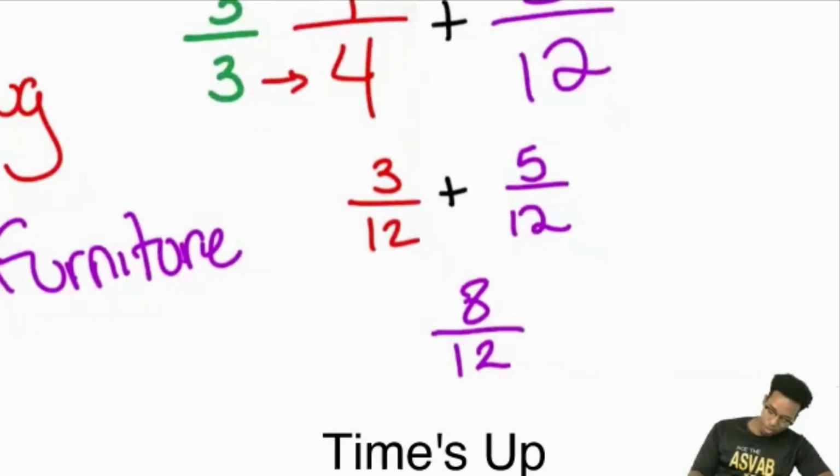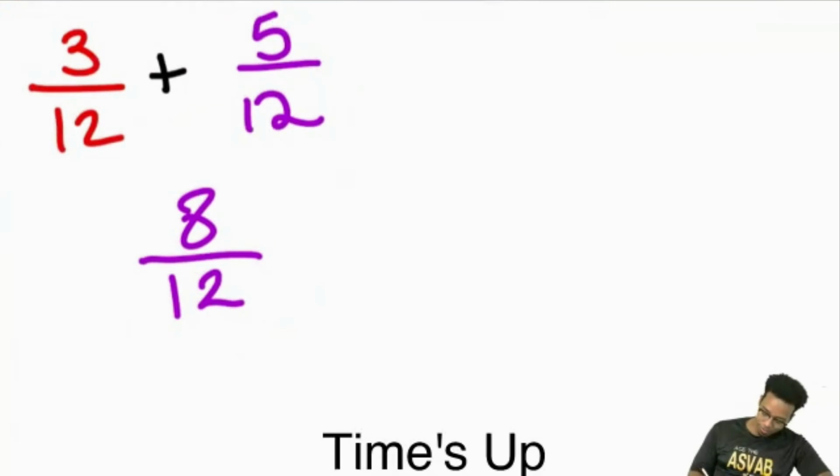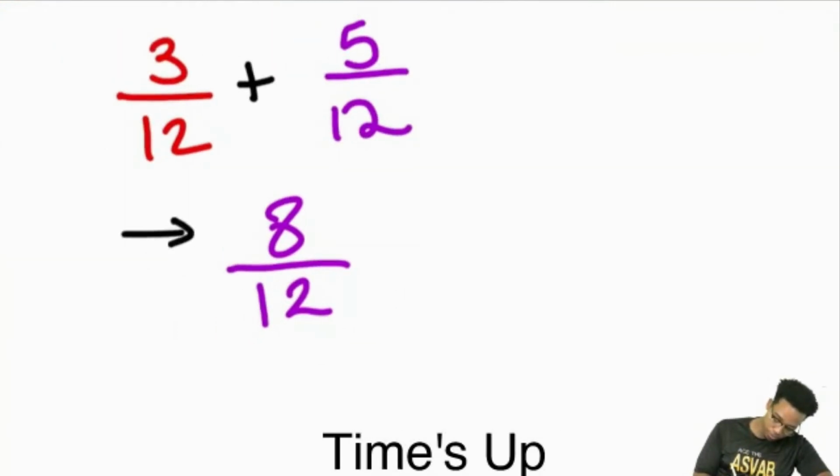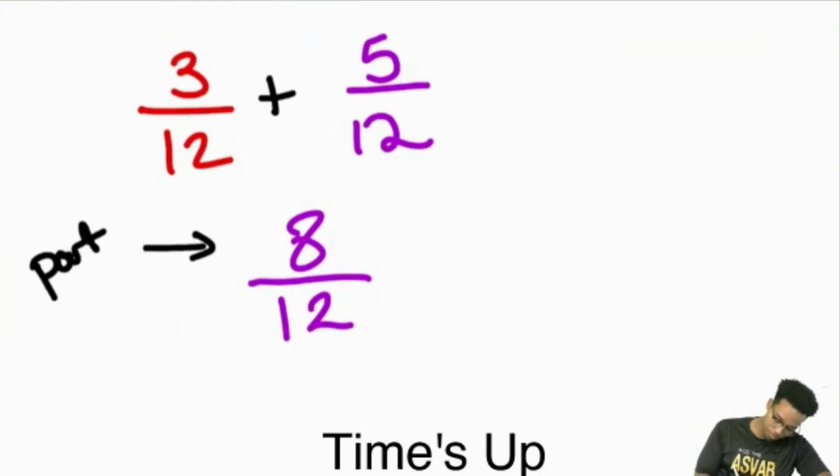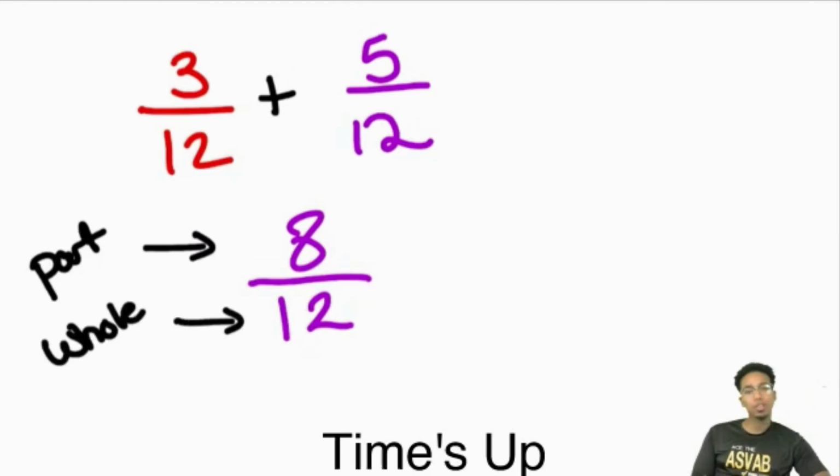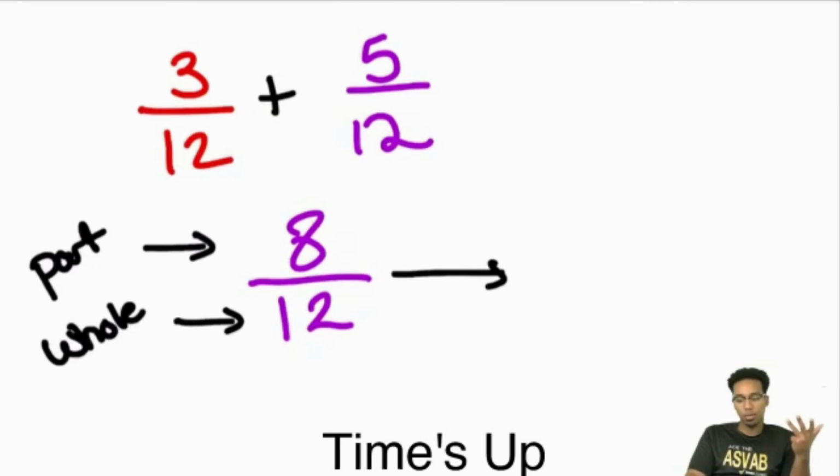So if you're thinking about it like this, if fractions are parts of wholes, that's a part, that's the whole. Well, guess what, everybody? How much more do you have to go from 8 to get to 12? Like how much more? Because you have 9, 10, 11, and 12. So how much is that? How much more do you have left to go?